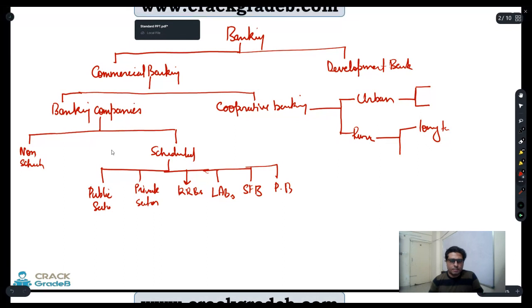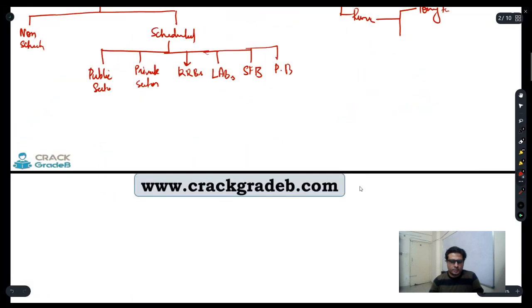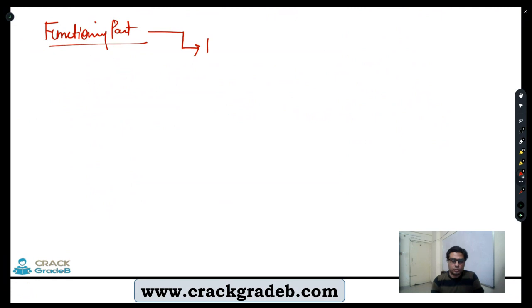So the structural part of banking in India is over, right? Now let's focus on the functioning part. Structure part is over. Now focus on the functioning part. And under the functioning part, one thing we just have to clear so that it will be easier for you to understand the functioning of the bank.